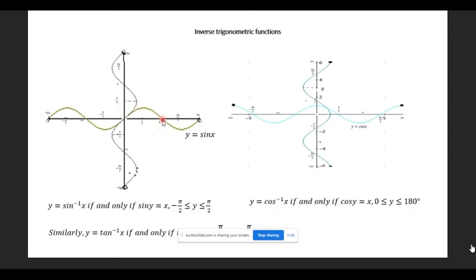If you had pi and 0, the point that corresponds to the inverse is going to be 0 and pi. If you have this point, which is 3 pi over 2 and minus 1, the corresponding one will be minus 1 and 3 pi over 2.